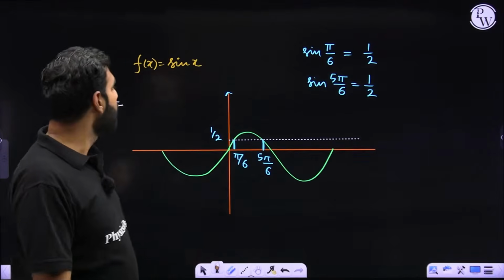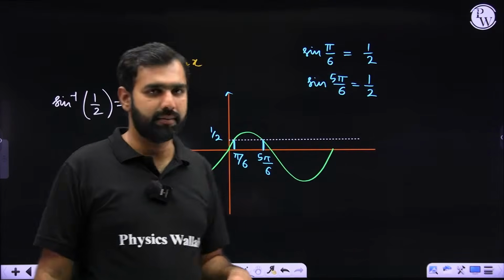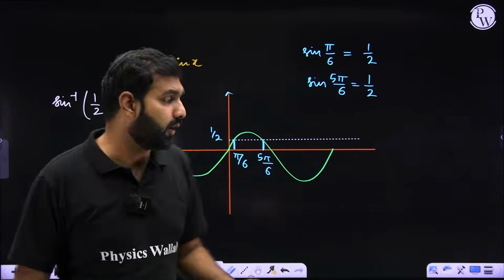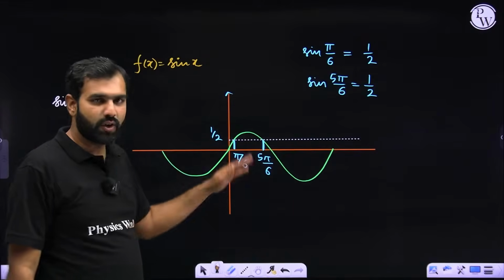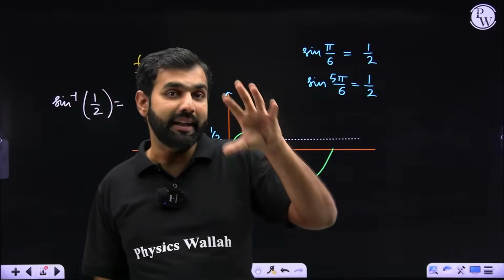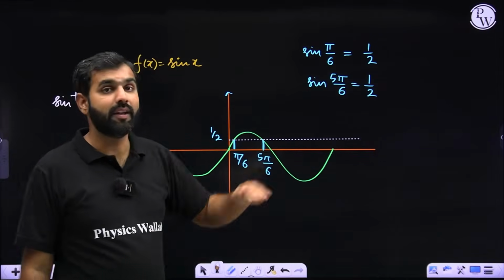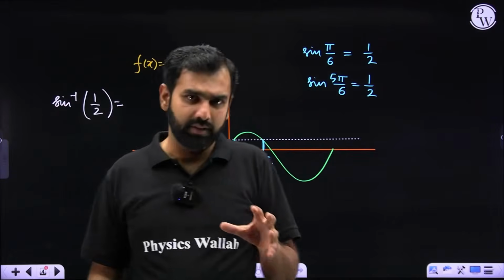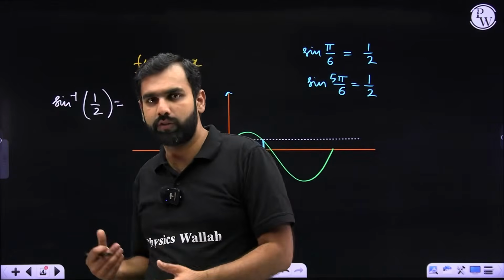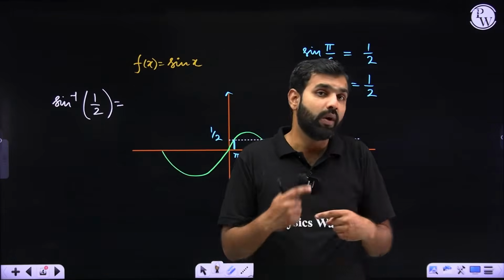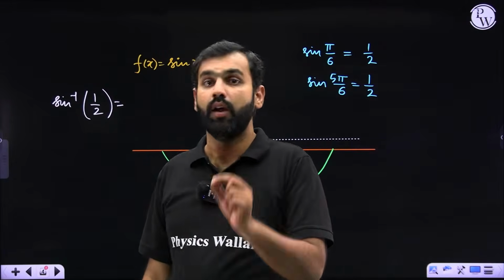If I remove its periodicity, if by some means I could ensure that the graph is not repeating itself, that it is not fulfilling the property of being many-one, and if by some means I could convert it into a 1-1 onto function.